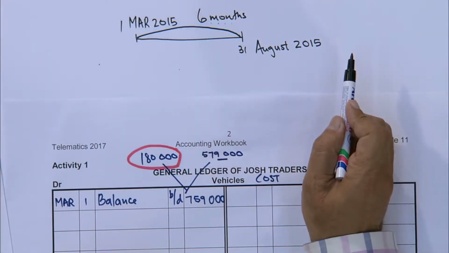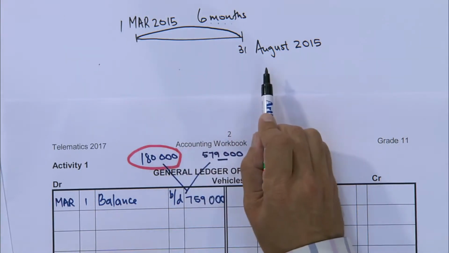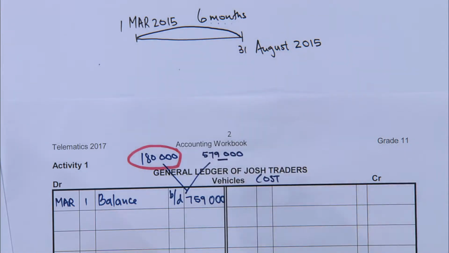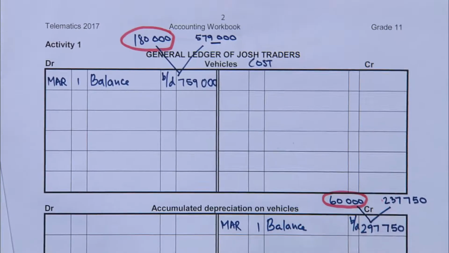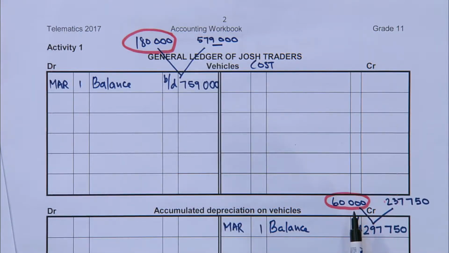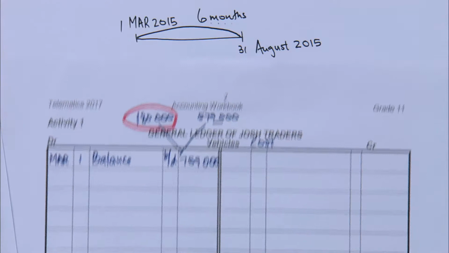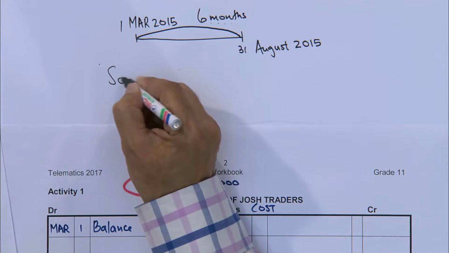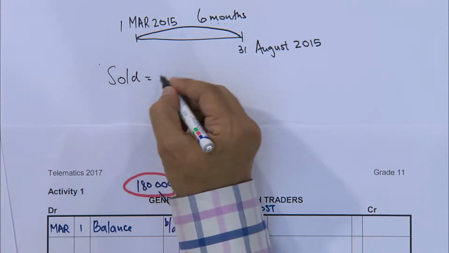We had the vehicle for 6 months before we sold it, so therefore, we have to calculate the depreciation for 6 months only on the vehicle that we're going to sell. That's the cost price of the vehicle that I'm going to sell. That is the accumulated depreciation of the vehicle that I'm going to sell. And the method of depreciation is 20% per annum on the diminishing balance. So on the vehicle sold, I'll have to write off 6 months depreciation.